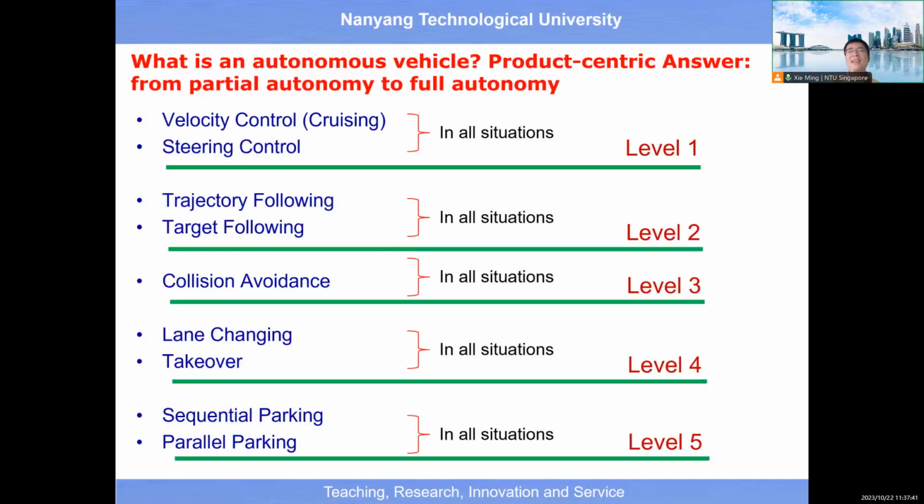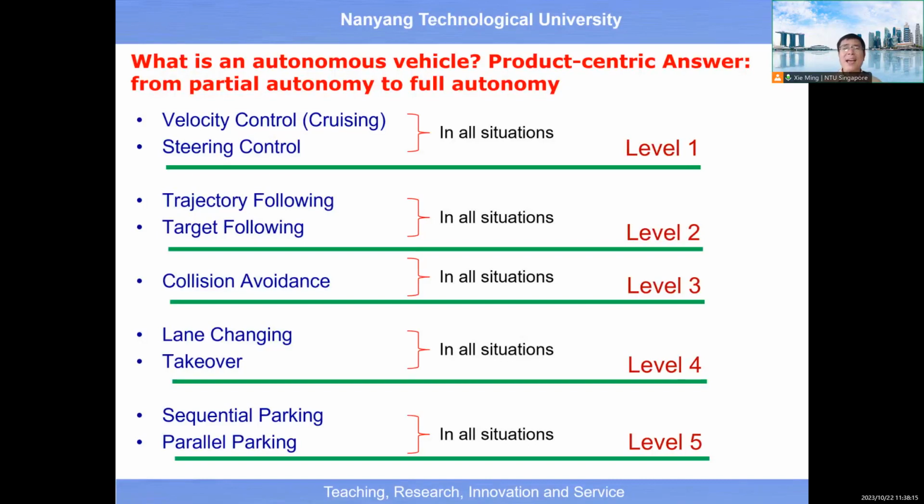And lastly, with all the previous capability, if the vehicle could also 100% undertake sequential parking, parallel parking in all situations, then we can say that such a vehicle has already reached level 5 autonomy. All right. Then with all these capabilities, I believe the vehicle should be able to drive on its own in all situations.